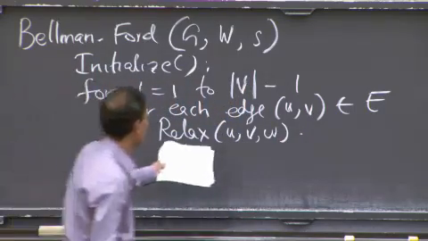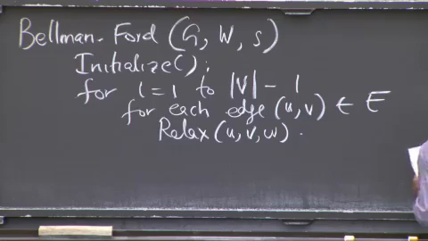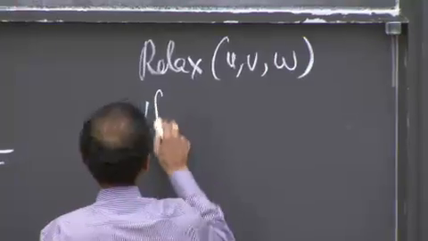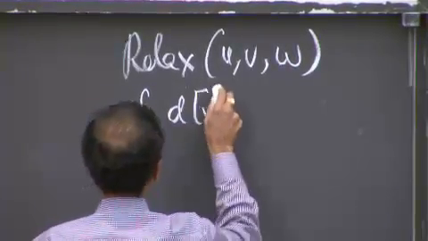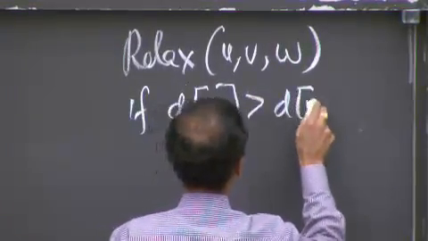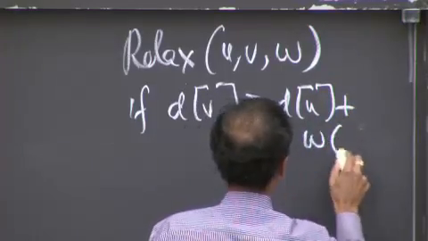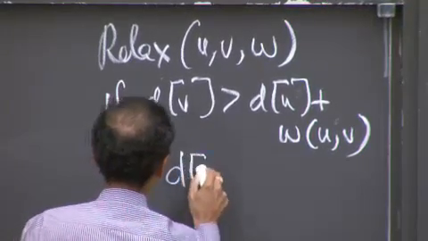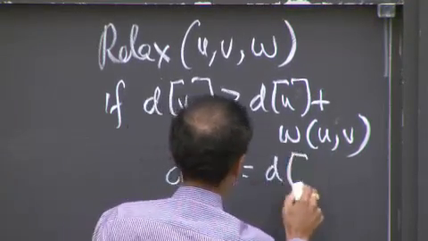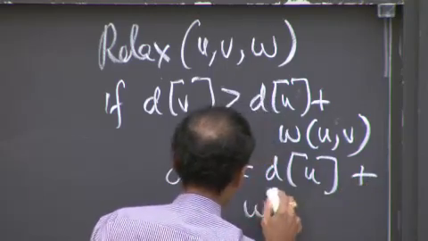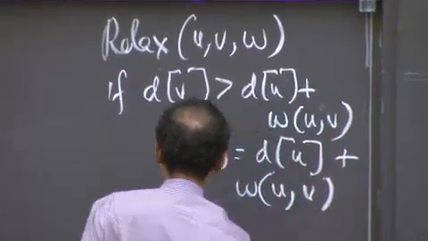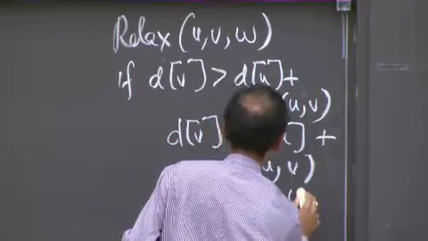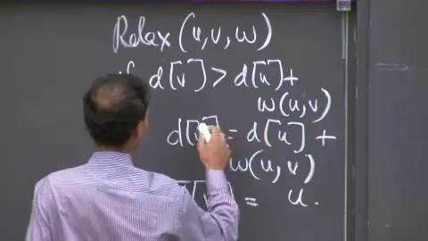And just so everyone remembers, relax(u, v, w) is: if d of v is greater than d of u plus w(u, v), then we'll set d of v to be d of u plus w(u, v), and we also set pi of v to be u. Okay.